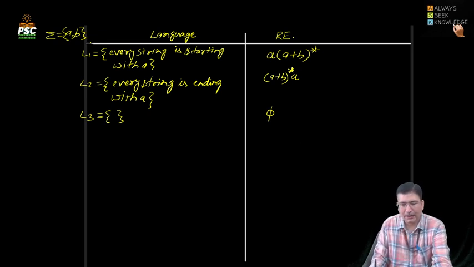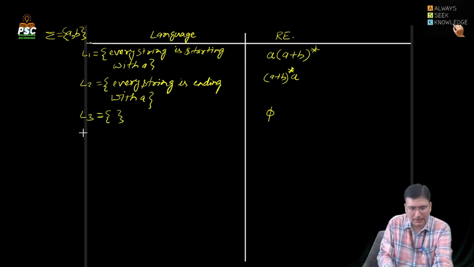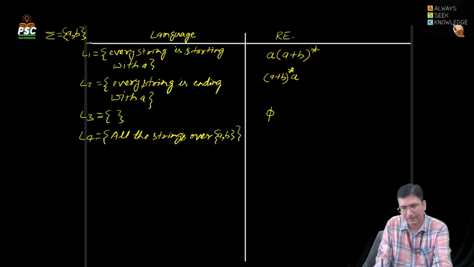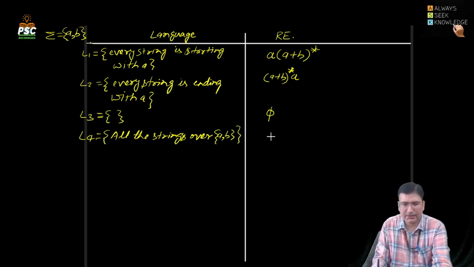Okay, and let's say we consider a language L4 having all the strings over alphabet a comma b, right? So for all strings over a comma b, the regular expression for L4 will be (a or b), but if I'm considering all, that means it will be Kleene closure or star.